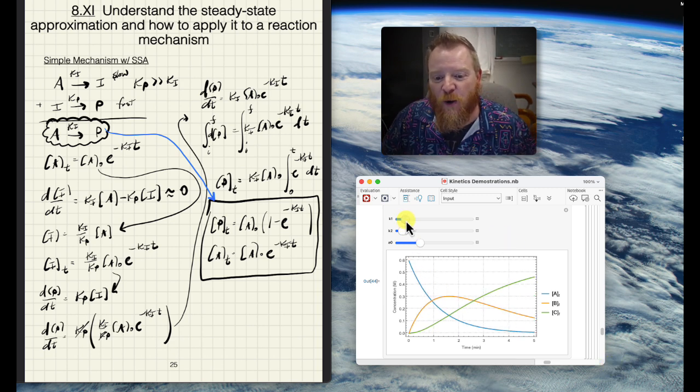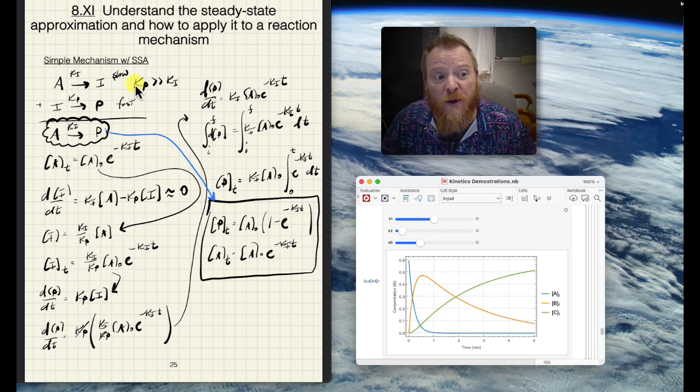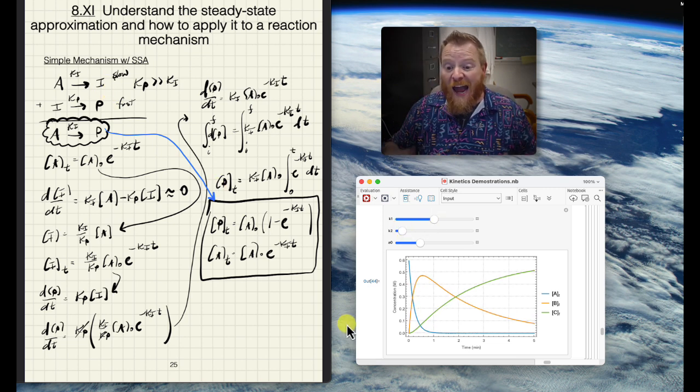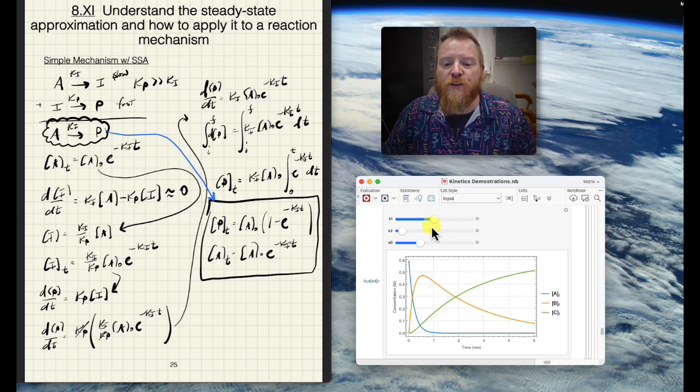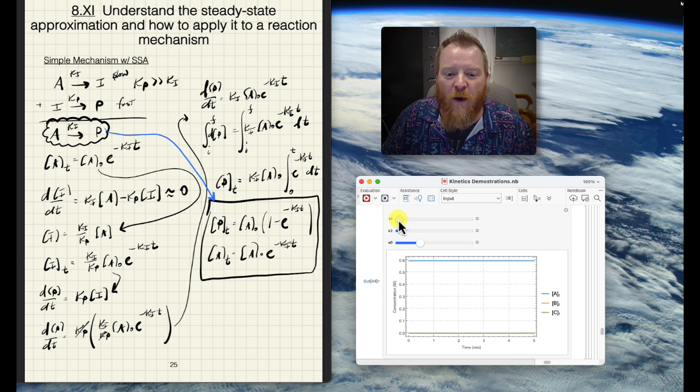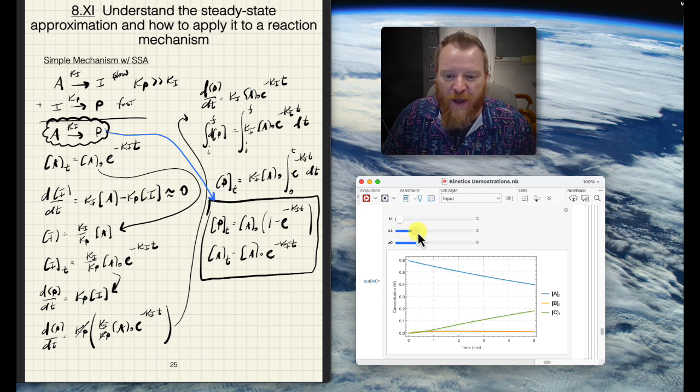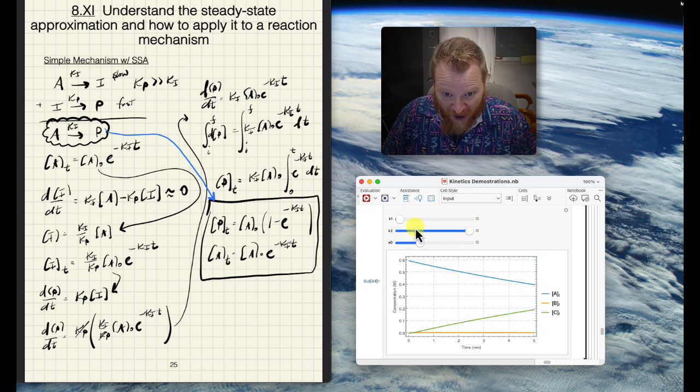And certainly if I go the other way and make k1 really fast and k2 really slow, the opposite of this, I definitely do not have the steady state approximation. So again, the steady state approximation says when our first step is very slow and our second step is very fast.